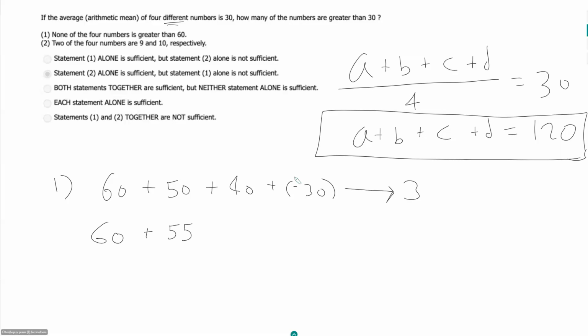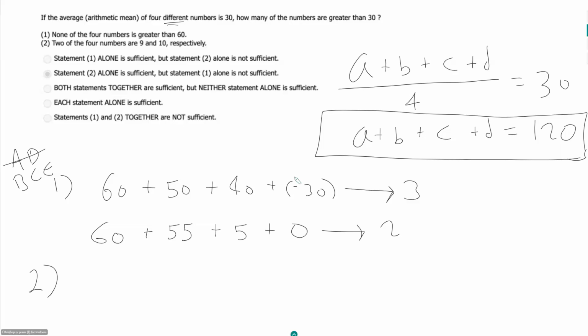Now, what does that get me to? 115. So plus 5 plus 0. That should work. So this now I have 2 numbers greater than 30. That's enough to make that insufficient.